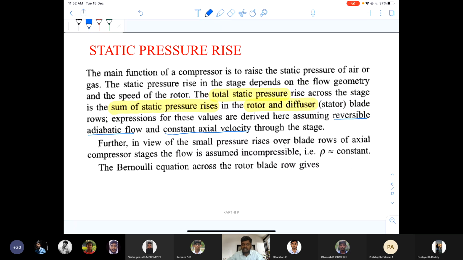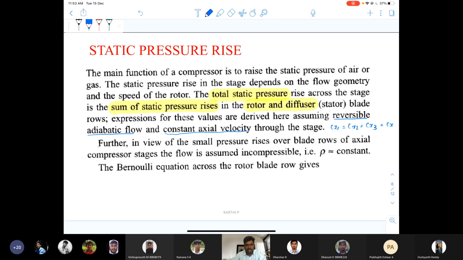If the axial velocity is kept constant, then Cx1 will be equal to Cx2, equal to Cx3, and this will be equal to Cx. We have already seen this condition while deriving the stage velocity triangle. That means at the inlet guide vanes, on the impeller, and on the diffuser, throughout the stage we will consider a constant axial velocity.